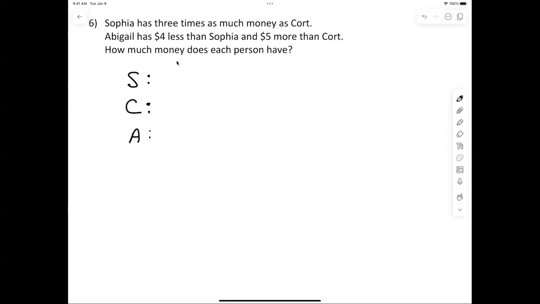Sophia has 3 times as much money as Court. So how much money does Court have? We don't know. So Court is what? X.